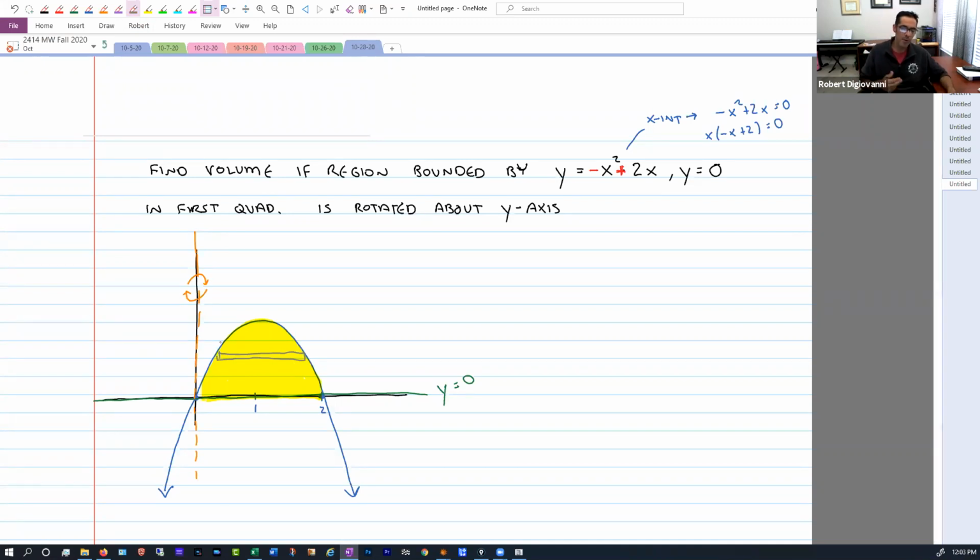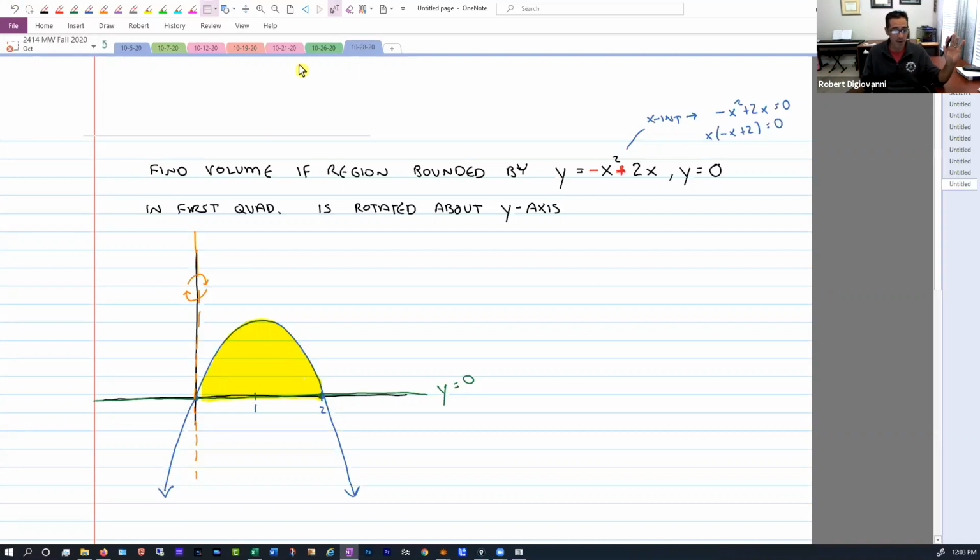That's because this blue curve is not a function of y, it is a function of x. There's no way to solve for x unless you take a square root, and then you'd have plus or minus, so two functions, not just one. This is a major dilemma with no easy fix, so we have to rethink it all.